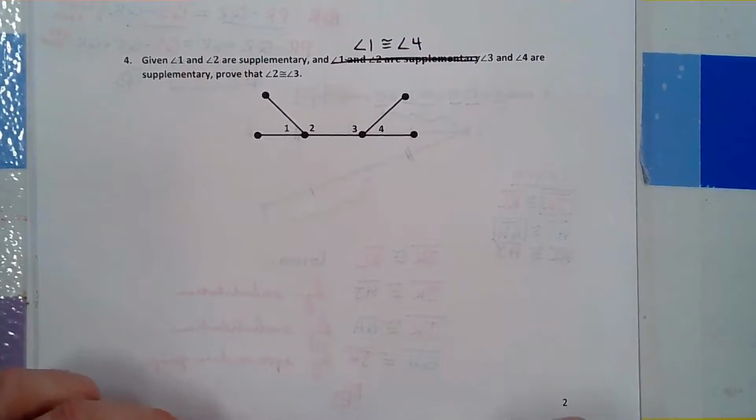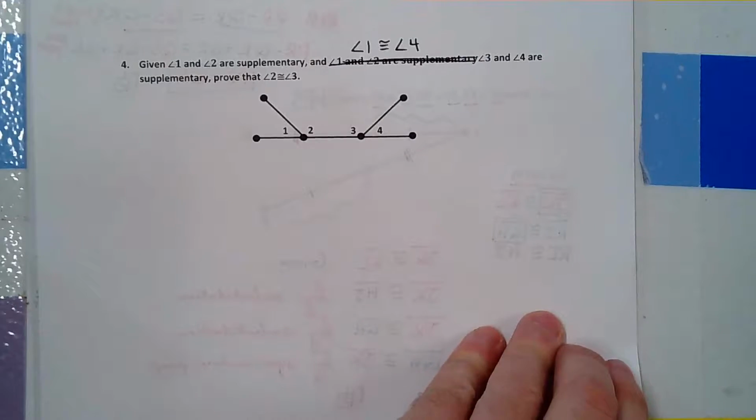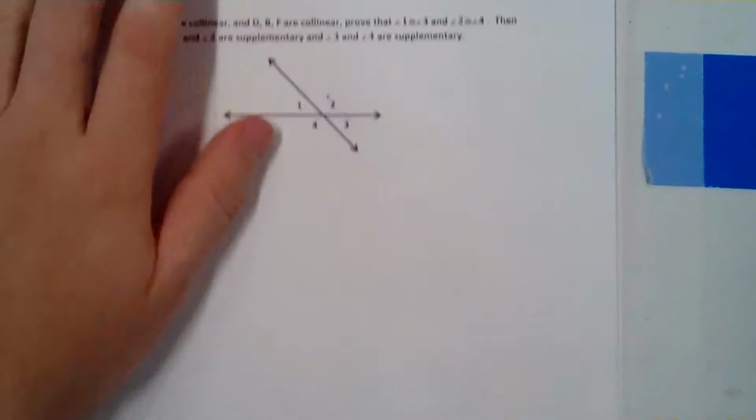This is my little way to see if anybody tried this over the weekend. Not you guys, because you didn't get the homework, but the other kids did. And everyone's like, oh, yeah, we tried it, and no one saw that. Or this. This is even worse. Going to number 5. It says A, B, and C are collinear. You see any A's, B's, or C's on there? No, you don't see anything.